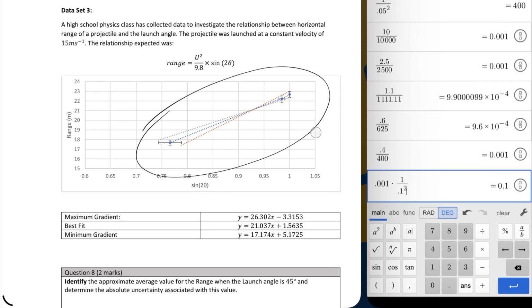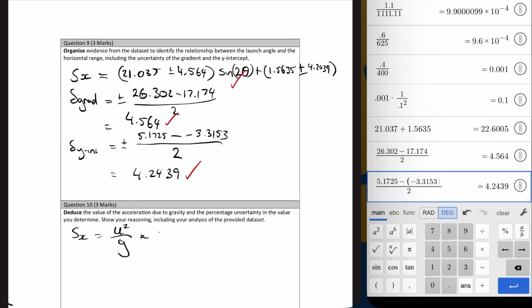So let's deduce the value of acceleration due to gravity and the percentage uncertainty in that value. The first thing I need to do is go back to this formula. I'm going to need to take this. So S of x is equal to u squared on g times sine of 2 theta.